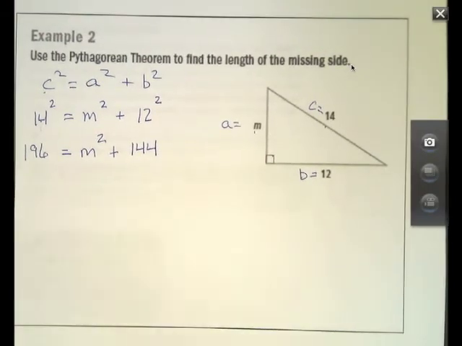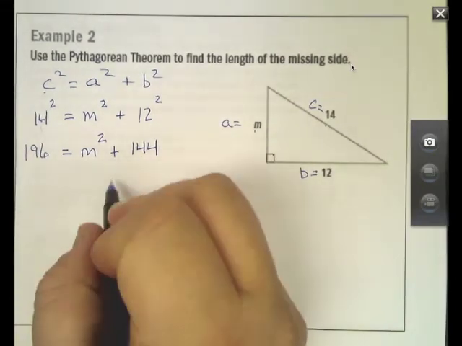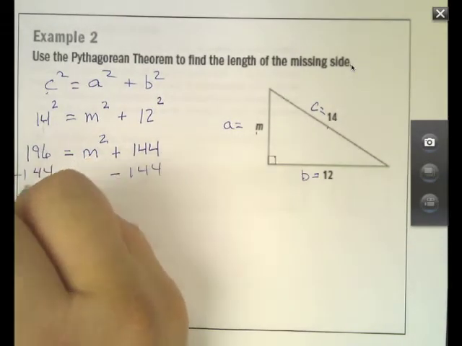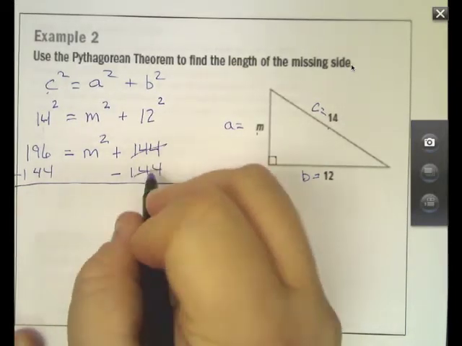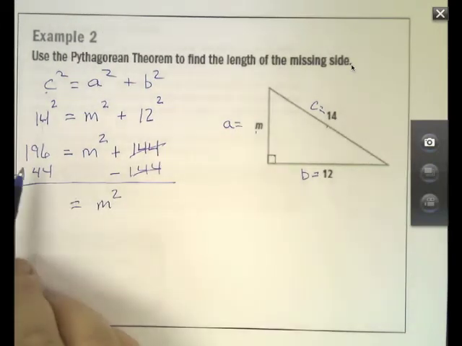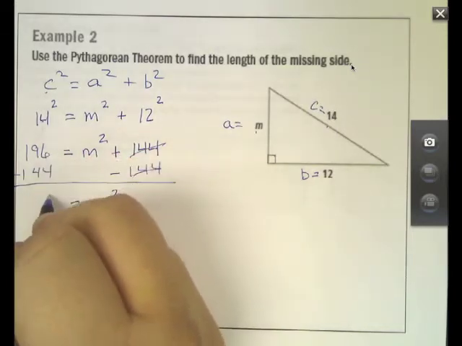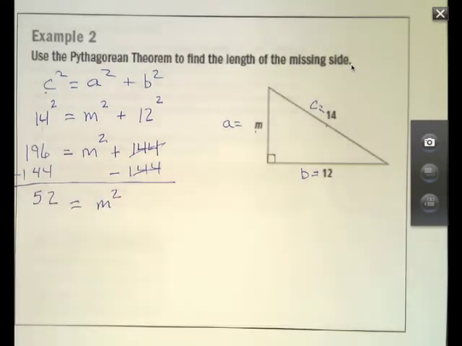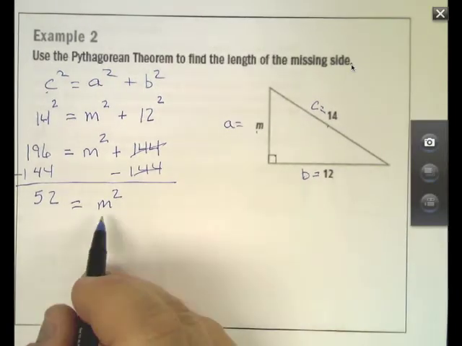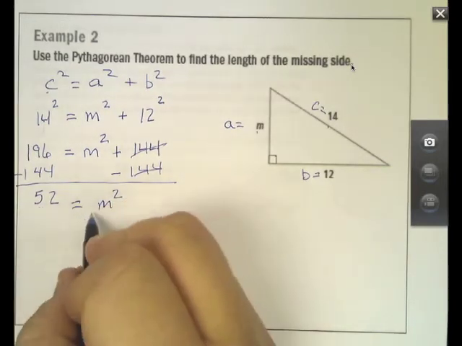What's 12 squared? 12 squared is 144. It's just regular math. We're solving for M. The inverse of adding 144 is subtracting 144. M squared's left over. 196 minus 144 is 52.